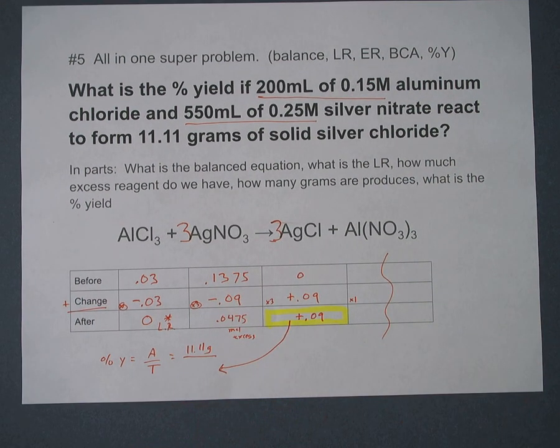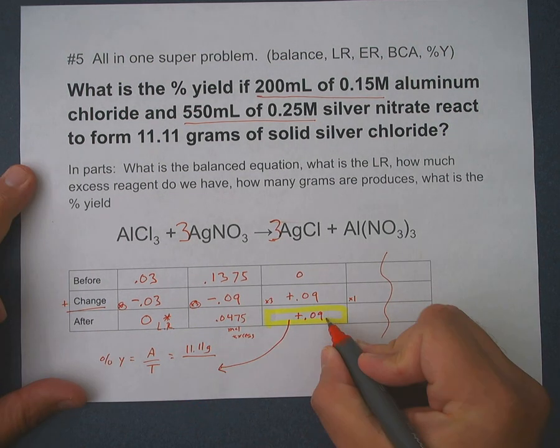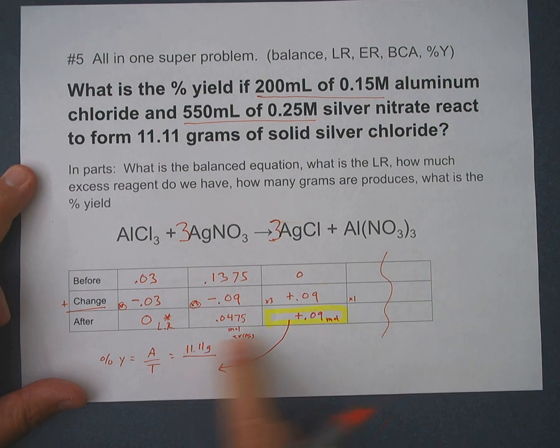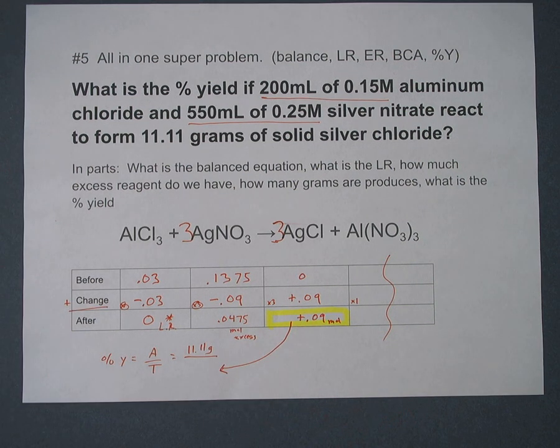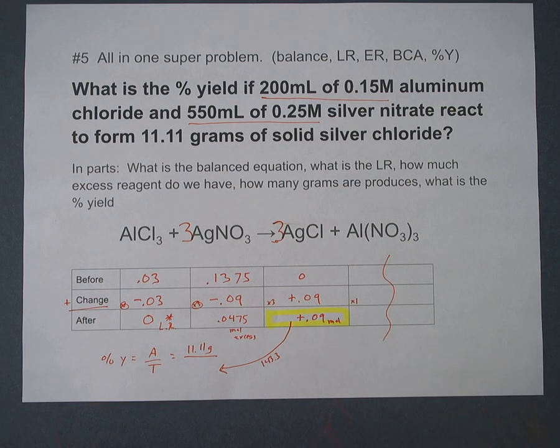Okay. Now, this number here is in moles, don't forget. And if we want to compare that to the actual yield, we do need to be in the same units. So the molar mass of this chemical is 143.3.